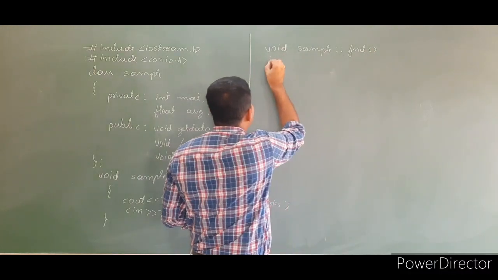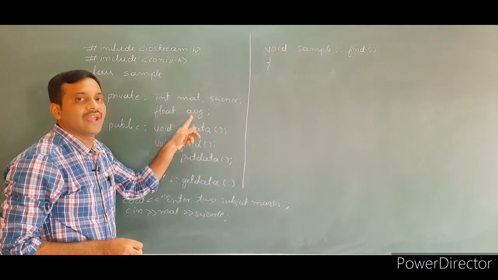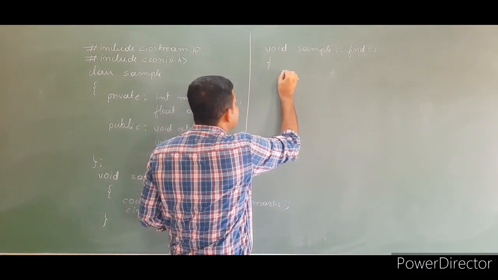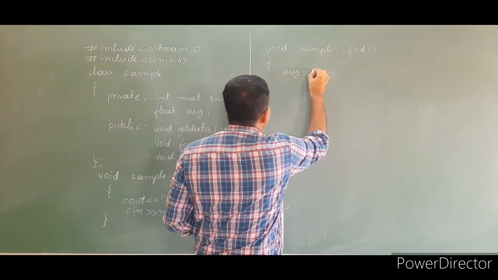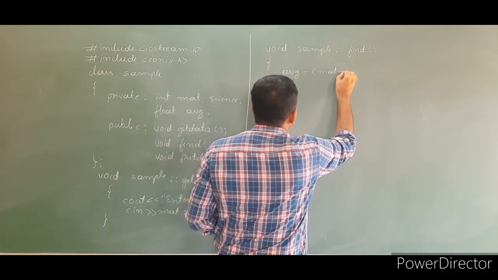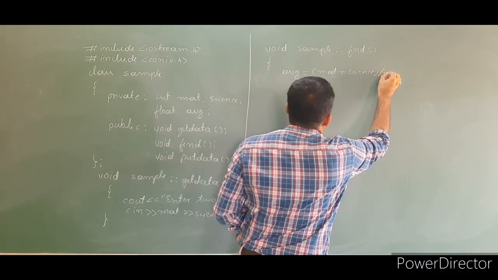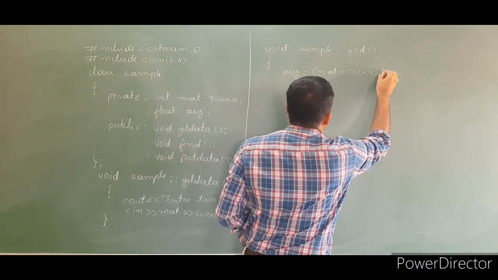It does not have any arguments. To calculate the average, we use the variable avg, which is equal to (mat plus science) divided by 2.0, where 2.0 is a constant.